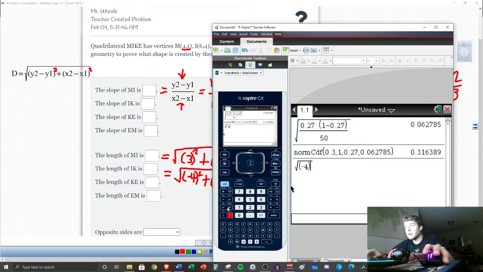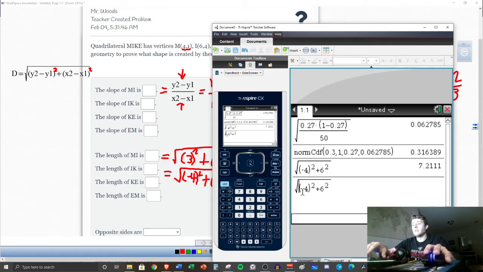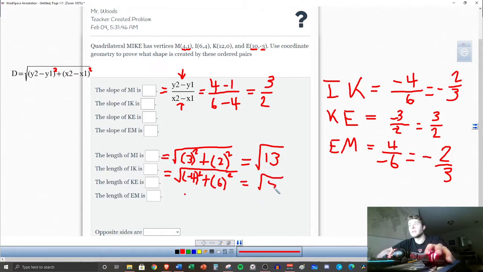That matters quite a bit. You will get the wrong answer if you do not use parentheses here. So it's 52, so this is the square root of 52. That's going to be my length for that one.